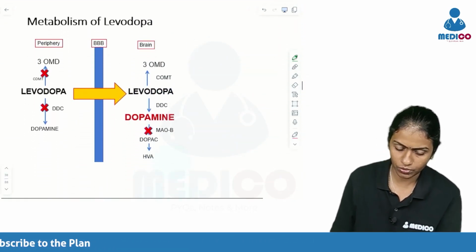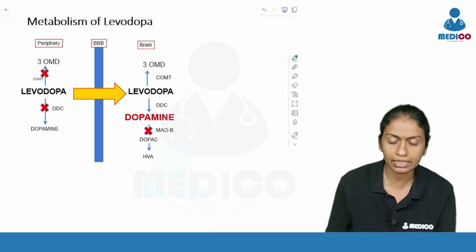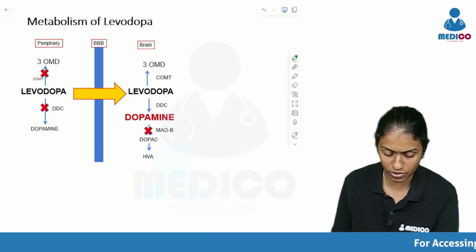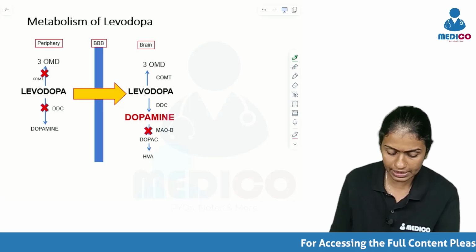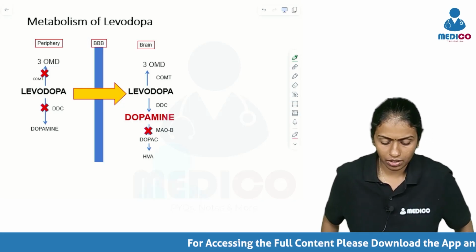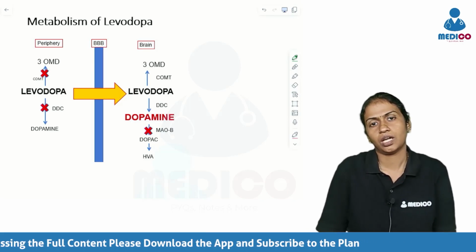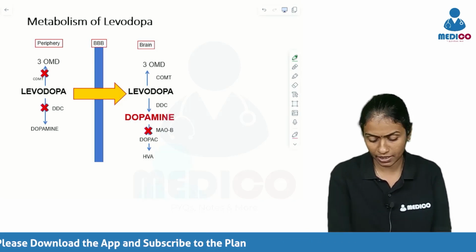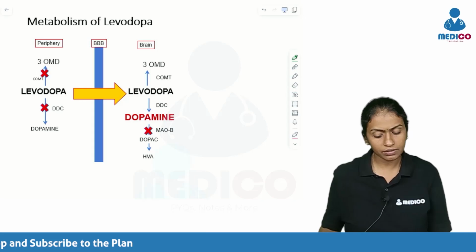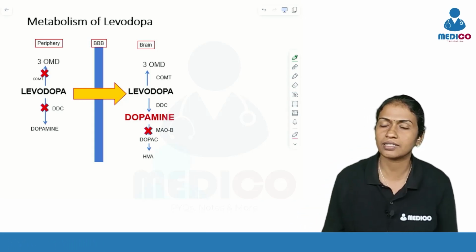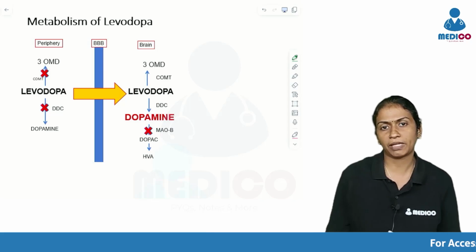Now we go to this diagram, which is the Parkinson's drugs acting on Parkinsonism. So here you can see, why are we giving levodopa? Why not dopamine? Because dopamine cannot cross the blood-brain barrier. When we give dopamine, almost 90% is getting decarboxylated in the periphery.